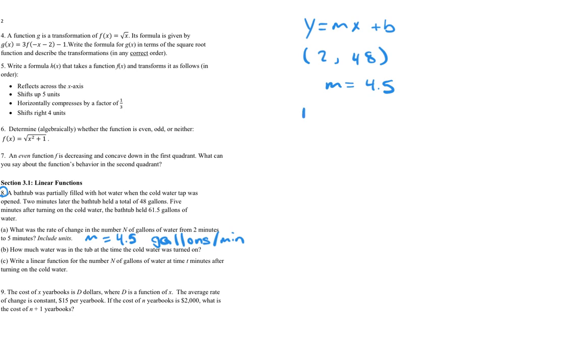If we plug these in, we get 48 equals 4.5 times 2 plus b. So 48 equals 9 plus b, so b is going to equal 39. So for part B, how much water was in the tub when the water was turned on? We have 39 gallons.